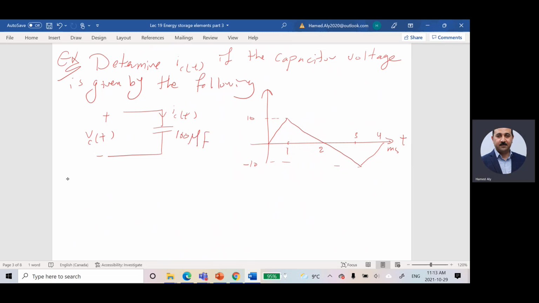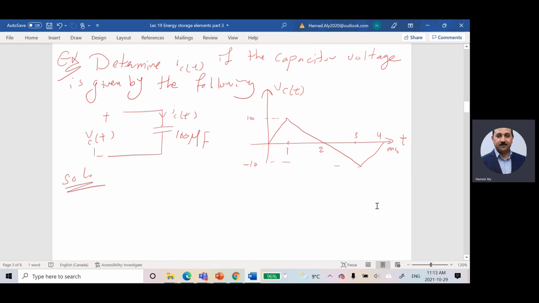And what you have to do is calculate IC of t. For calculating IC of t, this is the voltage, he said this is VC of t. I have to find the equation for this, the equation for this, the equation for this.